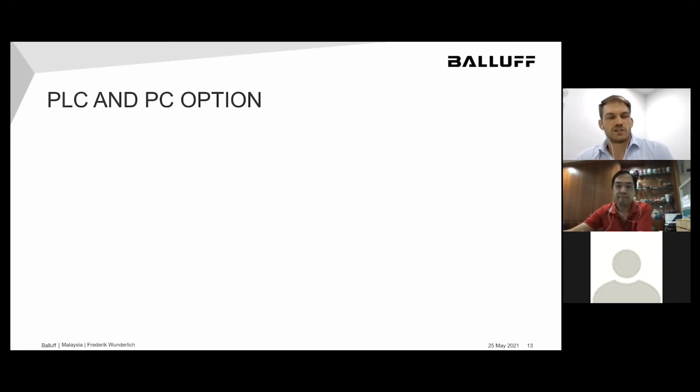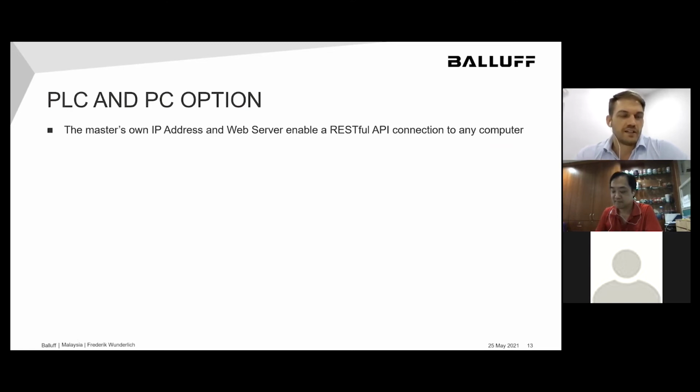One very good advantage of an IO-Link master is that the master comes with its own IP address and a web server is running on the master itself, which enables a connection to any kind of computer.